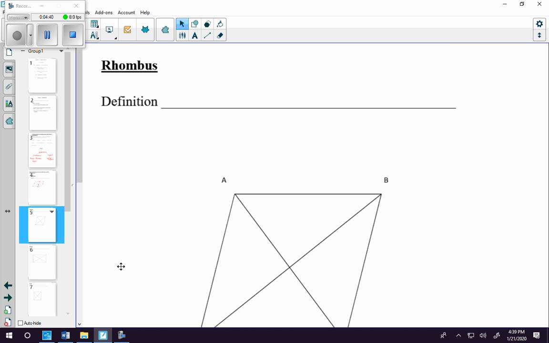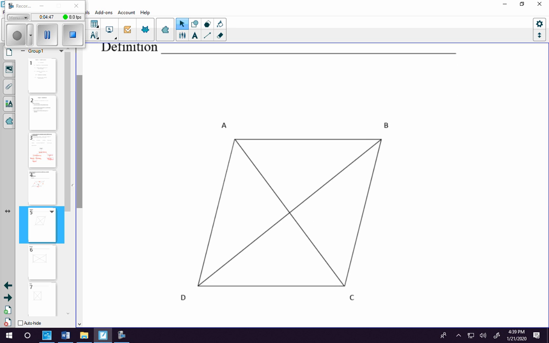The definition of a rhombus is a parallelogram in which two consecutive sides are congruent. So by definition, a rhombus is a parallelogram, which means it has both pairs of opposite sides parallel, in which at least two consecutive sides are congruent.